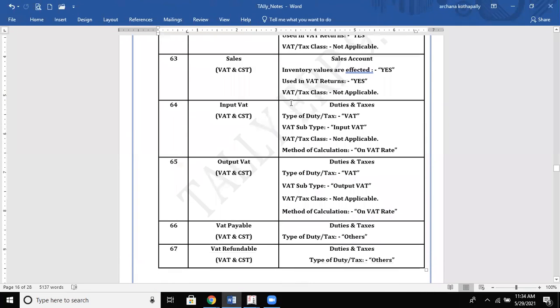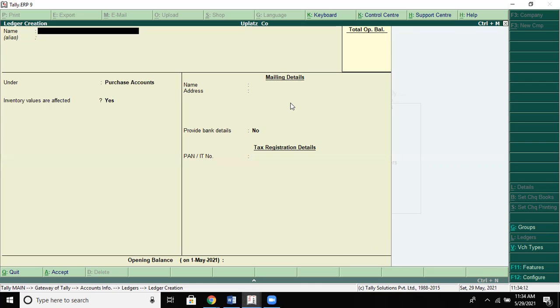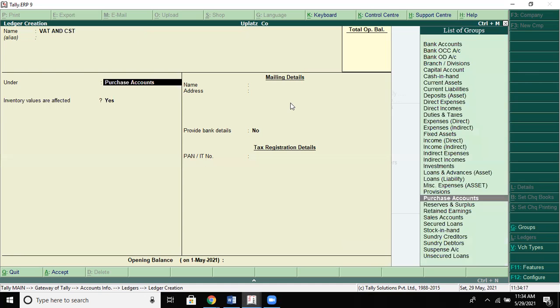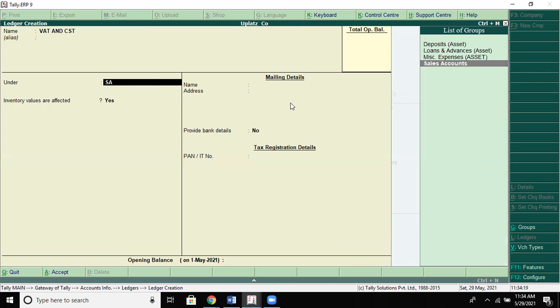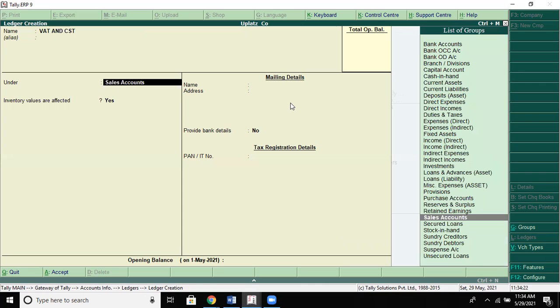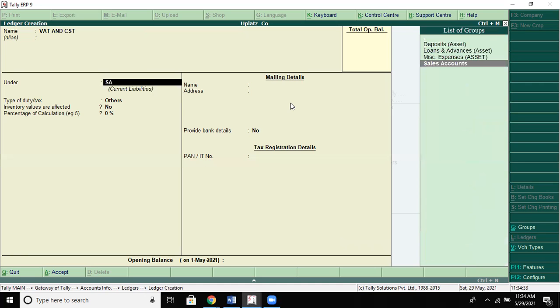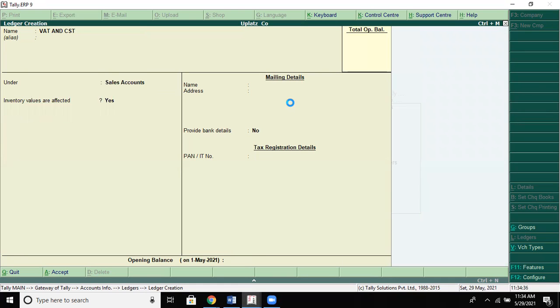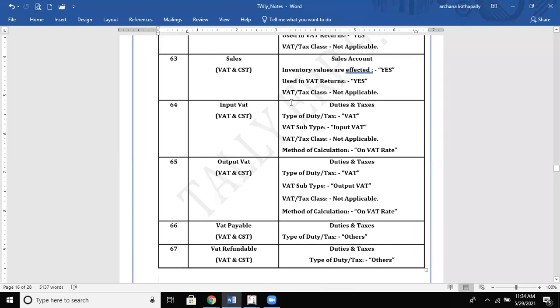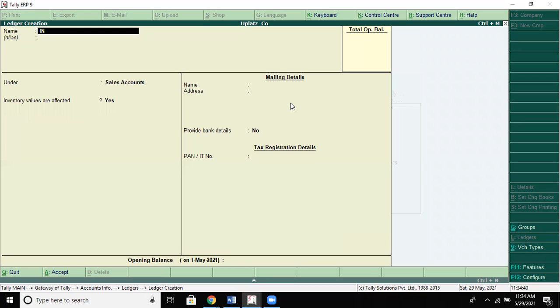Next, sales. VAT and CST. Usually instead of sales, let us go with duties and taxes. Input VAT. Now here you'll go with input VAT. So input VAT is a VAT.